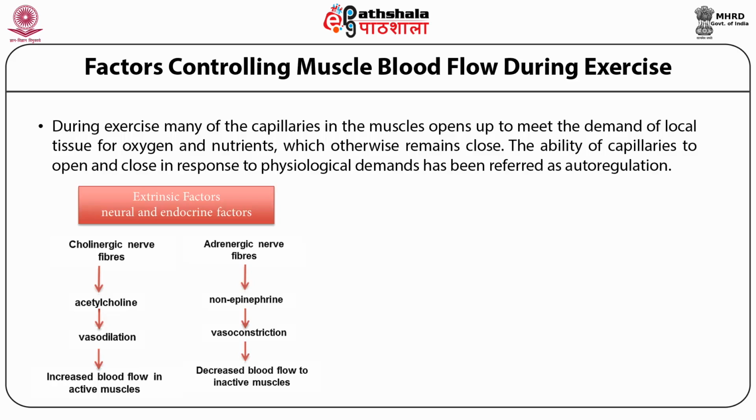And number two, adrenergic vasoconstrictor fibers release norepinephrine, which restricts blood flow in inactive areas through vasoconstriction. Continual sympathetic neural constrictor activity maintains a relative state of vasoconstriction known as vasomotor tone.